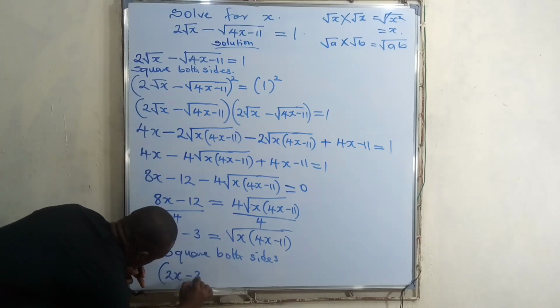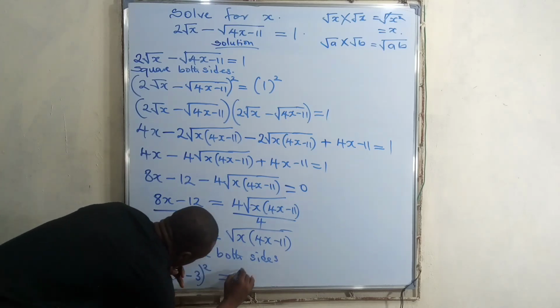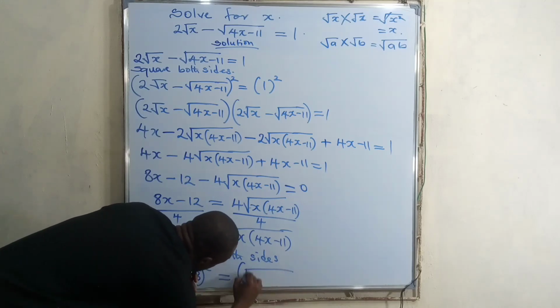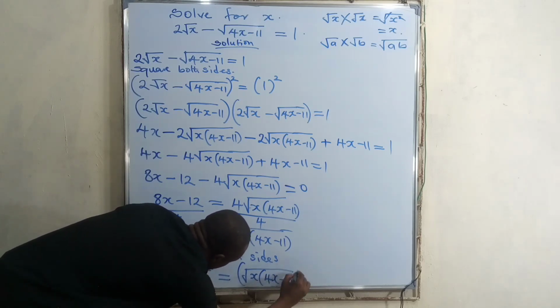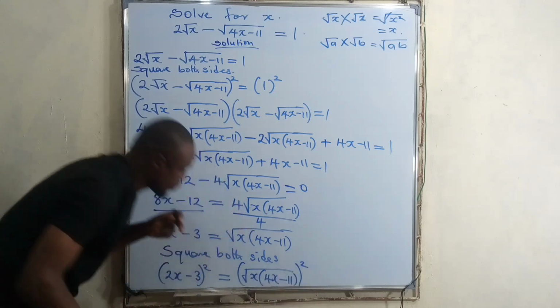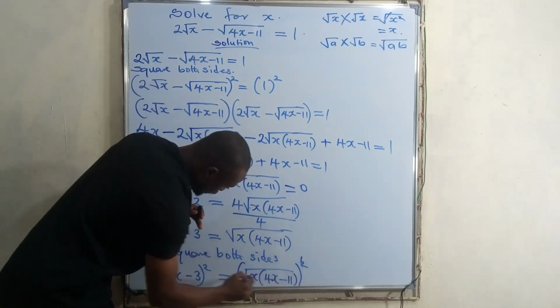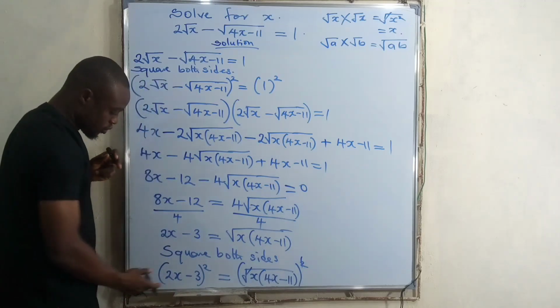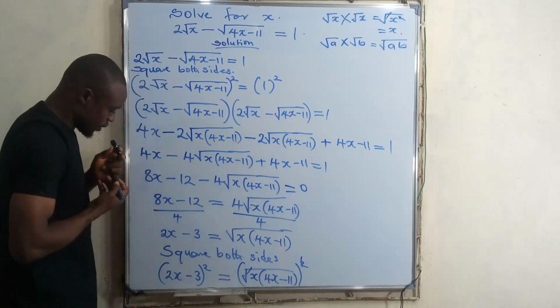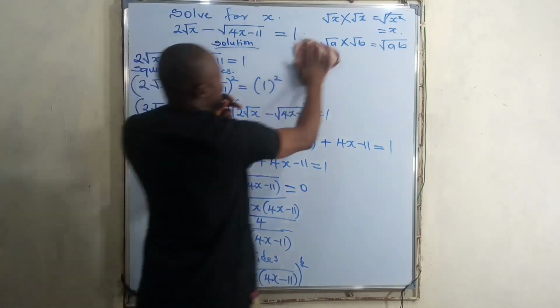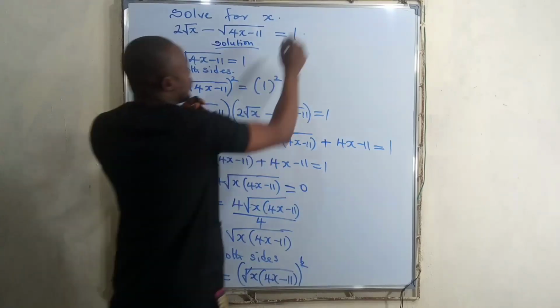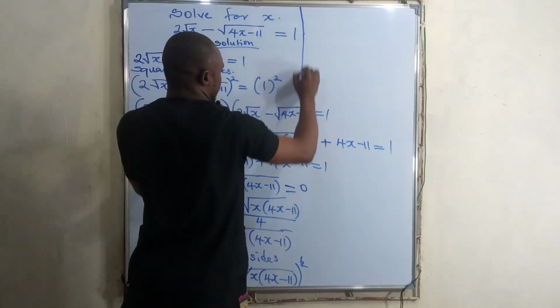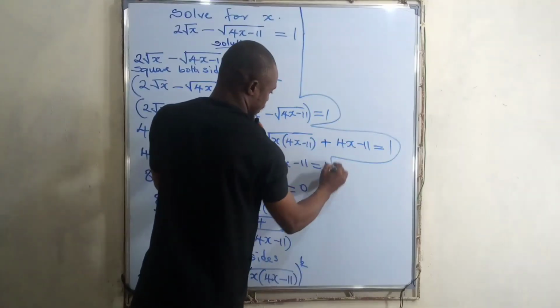So I have 2x minus 3 squared equal to the root of x open bracket 4x minus 11 close bracket, and close bracket then squared. So basically the square there cancels the big root, and we'll now square what we have at the left hand side. So I'll clean what I have there at the top and draw a line to manage the board.